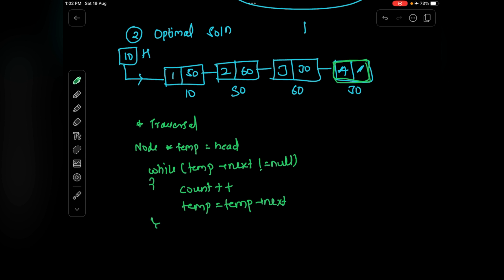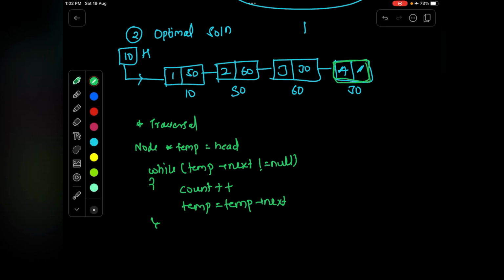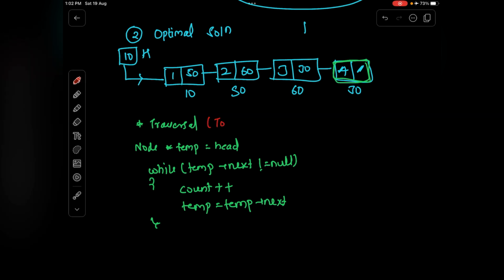So this will be my total number of nodes. I will write over here total nodes. Now the point is, why do we need total nodes? We will discuss it further. Initially my count will be equal to 0, right? So this way we calculated the total number of nodes.